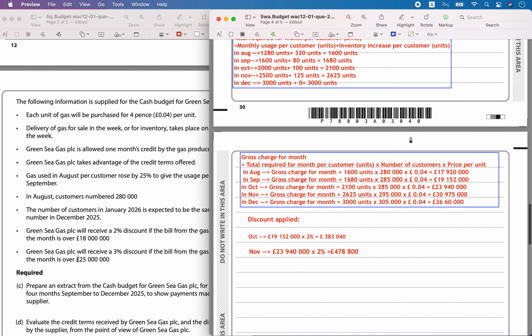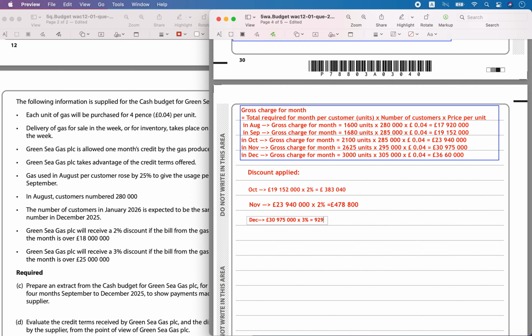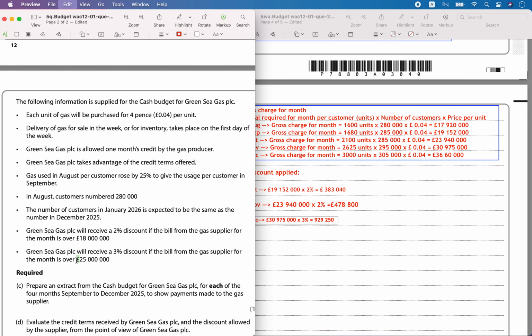Then here we can see it is 39,75,000. It is over 25 million. So they will now get a discount of 3%. So they need not pay the full 39,75,000. They will need to deduct the discount of 3% over 39,75,000. That is going to be equal to 929,250.